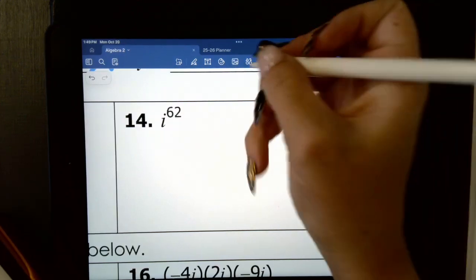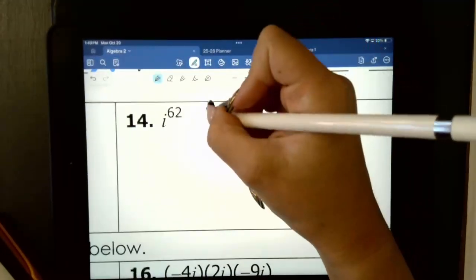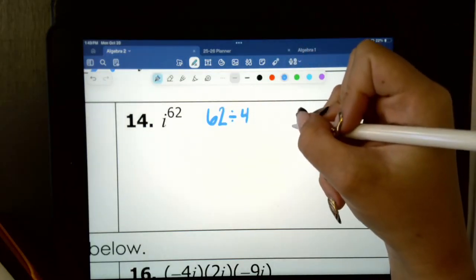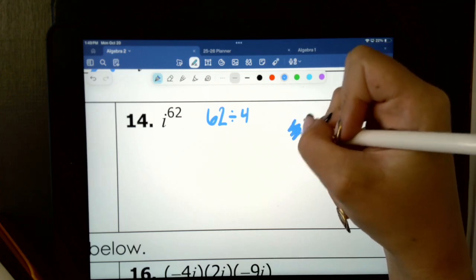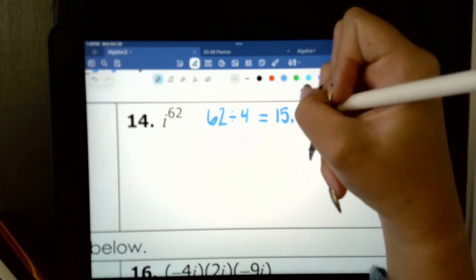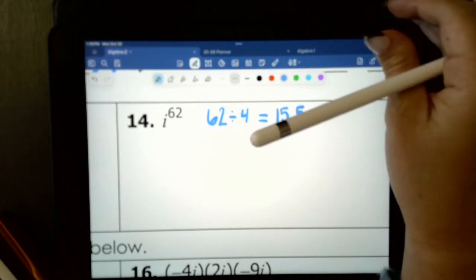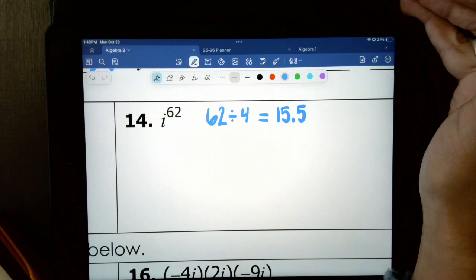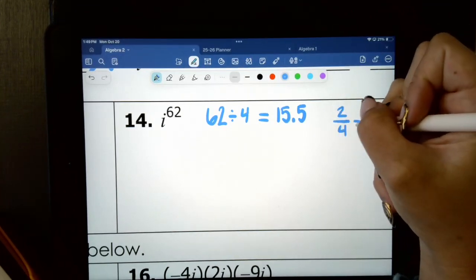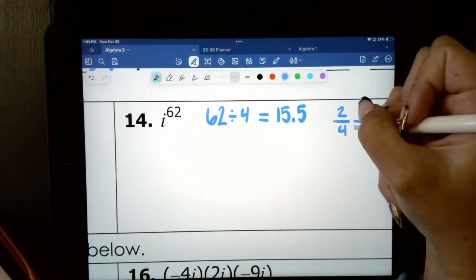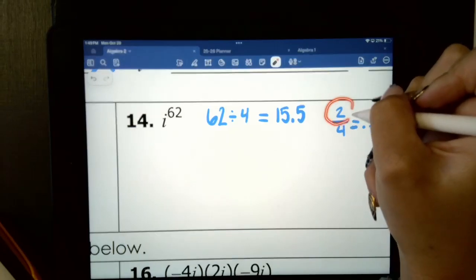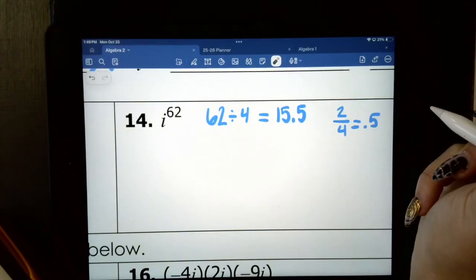So now if we're doing 62, we need to do 62 divided by 4. Do y'all want me to do the long division? Okay, smarties. So if it gives us 15.5, what is our remainder going to be? 2/4 equals 0.5, correct? So our remainder is going to be 2. I like this.